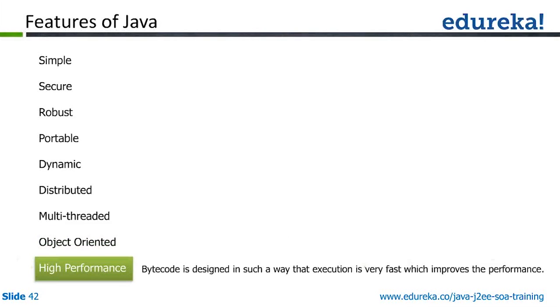And finally, we come to performance. So yes, Java has a lot of performance advantages. We'll see it has many technologies. When I talk of performance, I don't just mean the speed at which code executes.